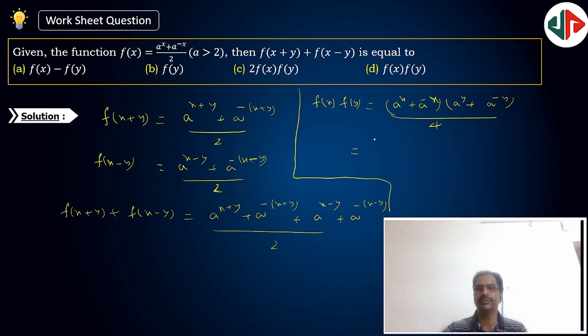By multiplying the two factors, you get like this: a power x into a power y, a power x plus y, plus a power x minus y plus a power minus x plus y plus a power minus x minus y by 4.